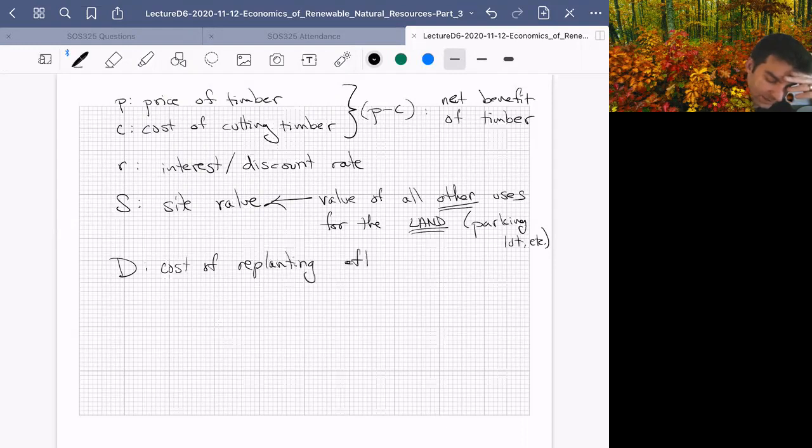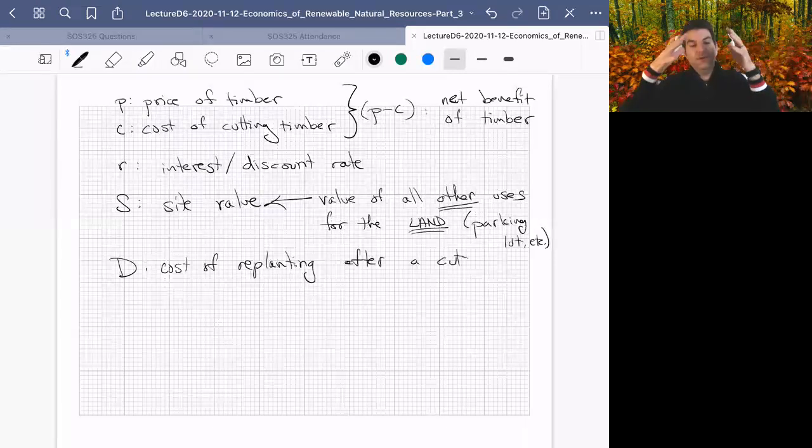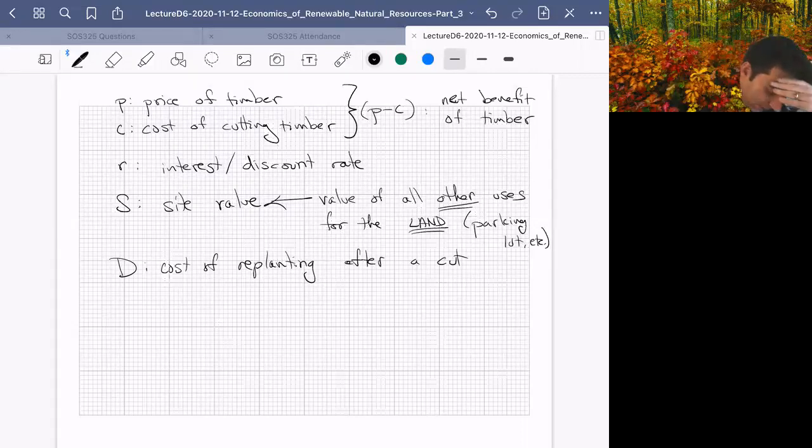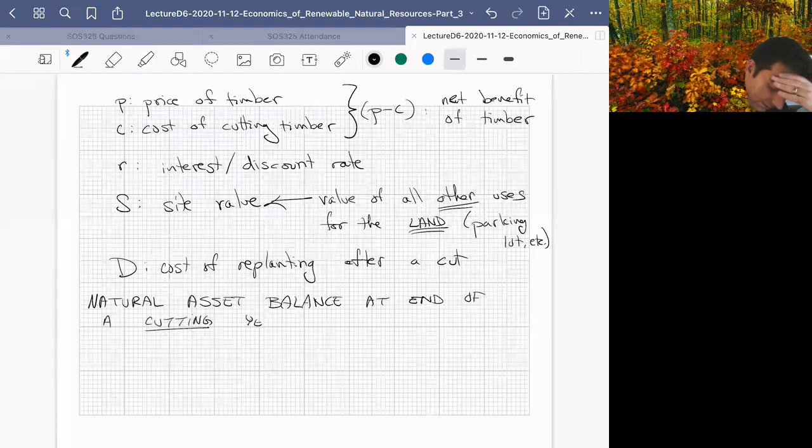after a cut. And so when we take all those together, when we think about our balance sheet at the end of the year, what is our natural asset balance at the end of a cutting year?